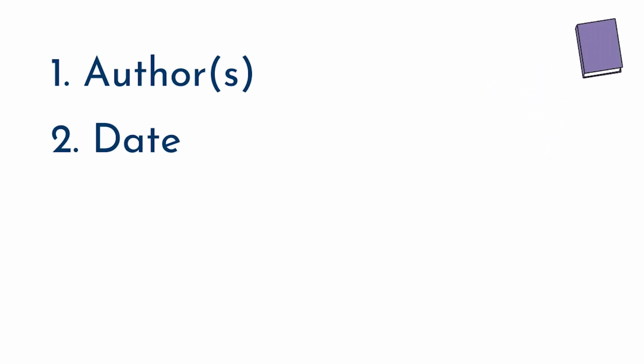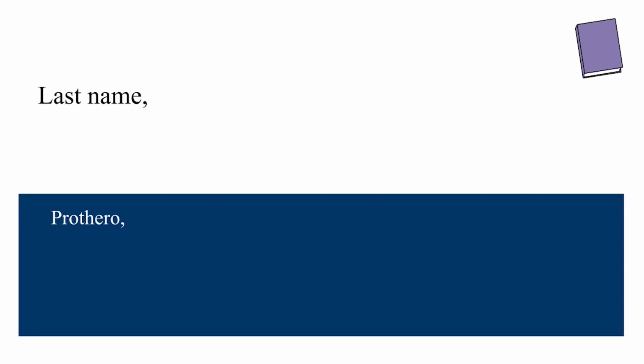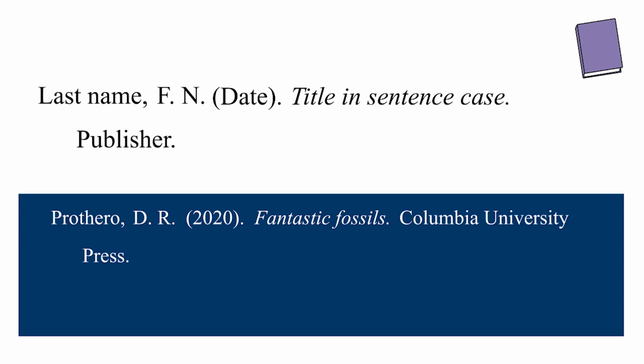To cite a print book, you only need 4 pieces of information: the author or authors, the date of publication, the title, and the publisher. Author last name, comma, author first initial, period. Publication date in parentheses, period. Title of the book in sentence case in italics, period. Publisher, period.